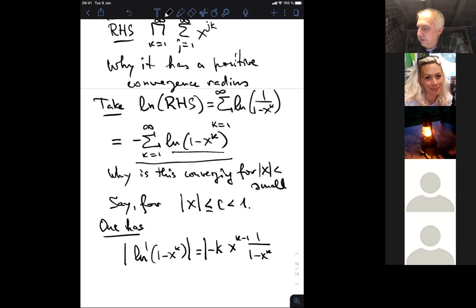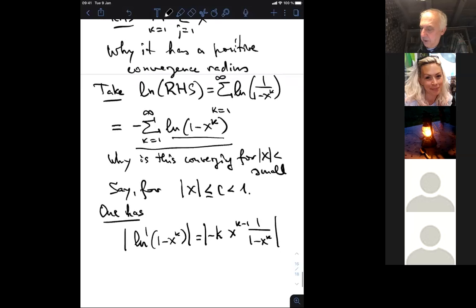This is just differentiation of log. And since we assume that the absolute value of x is at most c, we get k c power k minus 1 divided by 1 minus c. Since we assume that c is smaller than 1, this would be a correct estimate.